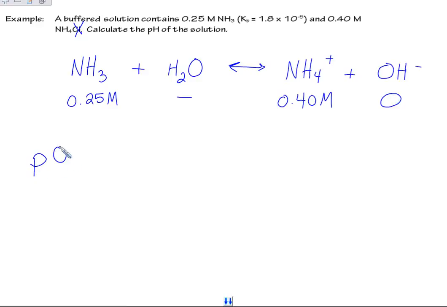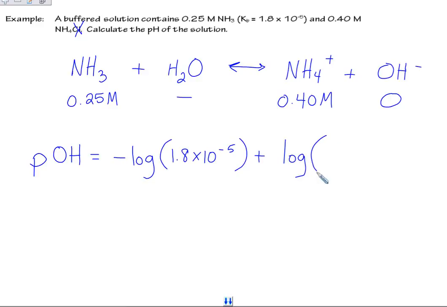I'm going to end up calculating the pOH as the opposite log of the Kb, 1.8 times 10 to the negative fifth, plus a log. It's always the conjugate over the neutral particle. So this will be the 0.4 molar conjugate acid over the 0.25 molar weak base.